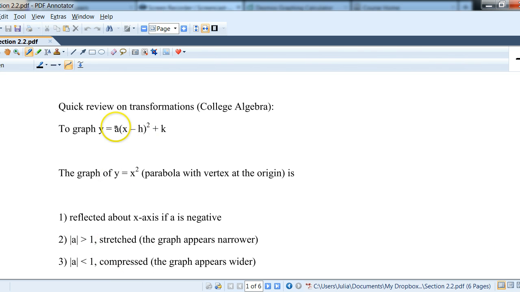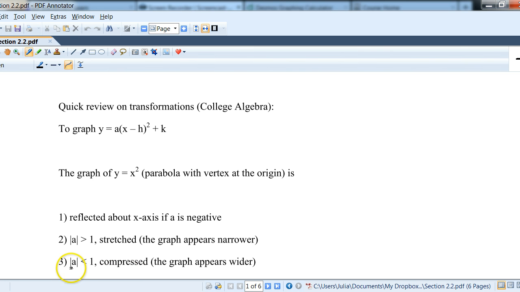And there's various things you can know. If a, what you multiply your parabola or function by, is greater than 1, I think about it this way: if it's 2, for example, you multiply all your y values by 2, then you're going to get a narrower graph, or taller, or stretched. The idea is that the y values are going to go to infinity faster. Or vice versa, if a is less than 1, then the graph is wider or compressed.